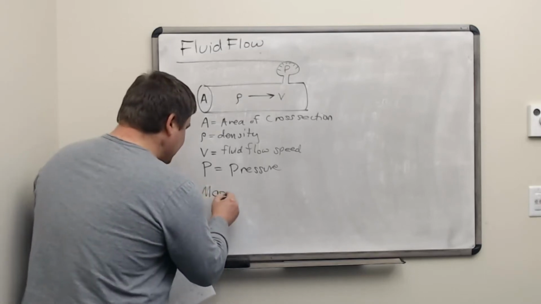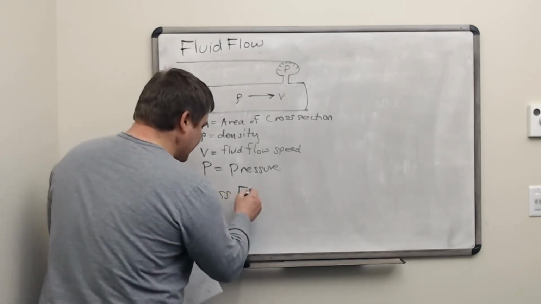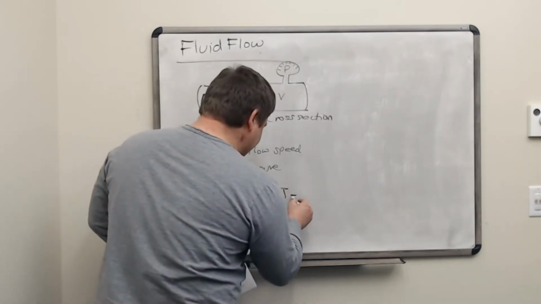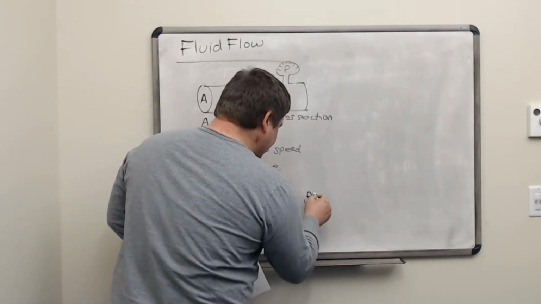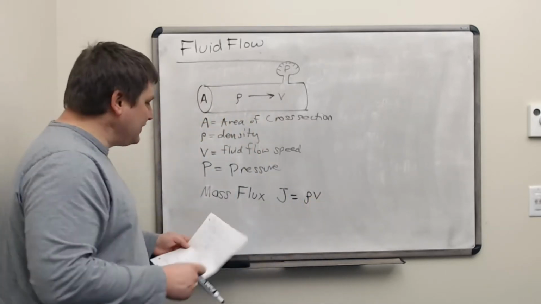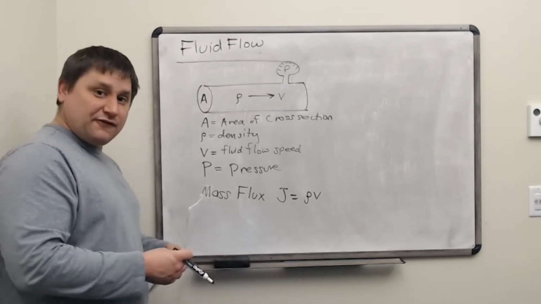The first derived quantity is called the mass flux. The symbol is J, and this is equal to the density times the flow velocity. So why would someone be interested in the mass flux?